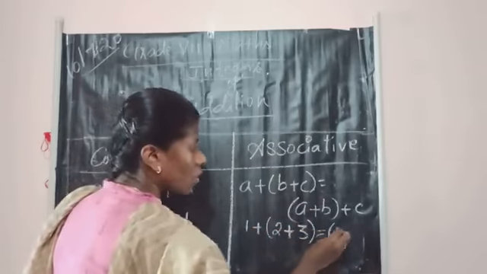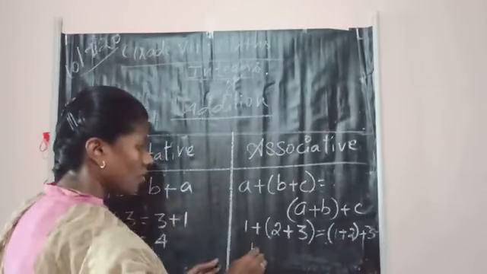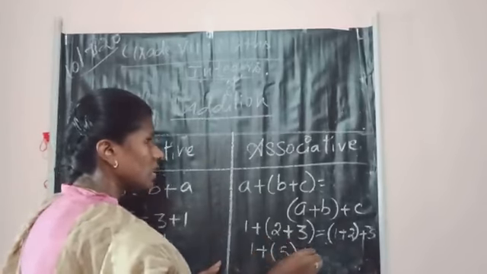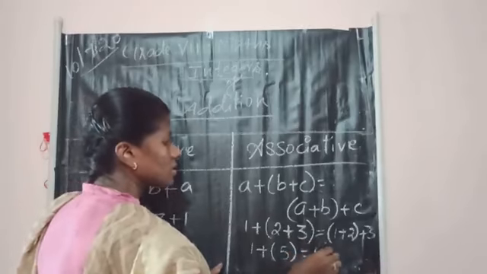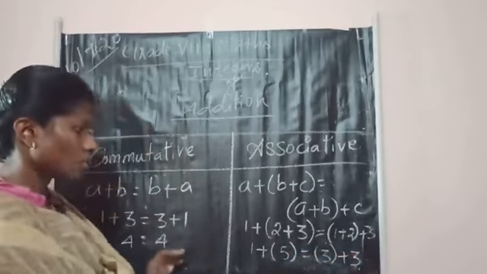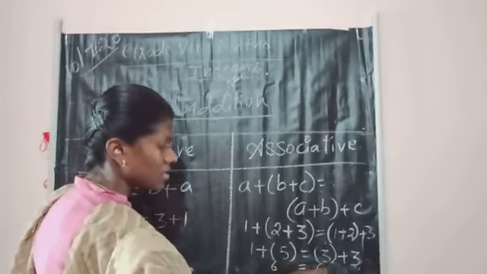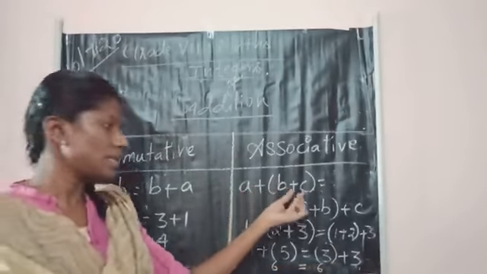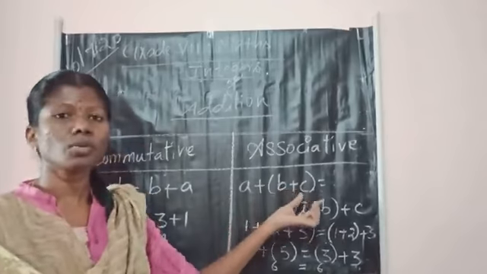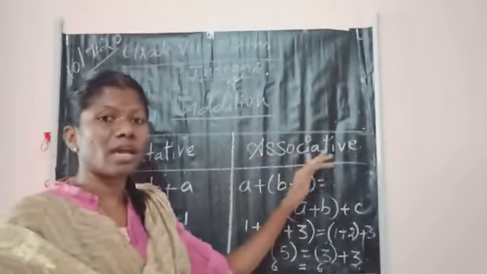So 1 plus (2 plus 3), that is 1 plus 5, that is 6, is equivalent to (1 plus 2) plus 3, that is 3 plus 3, that is 6. So the LHS part is equivalent to the RHS part. So addition is associative for integers.